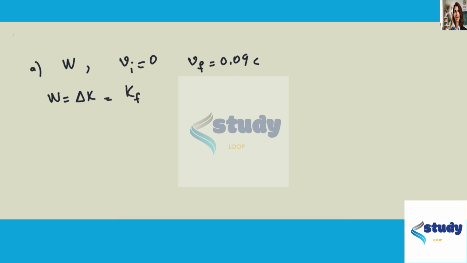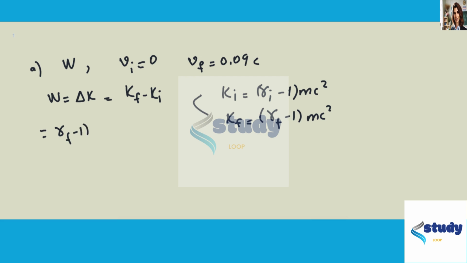So then final kinetic energy minus initial kinetic energy is going to give us some delta K. So let's write what the initial kinetic energy would be. Of course, relativistic, right? So (initial gamma minus 1) m c squared is going to be our initial kinetic energy. Our final kinetic energy is going to be (gamma final minus 1) mc squared, right? So if we plug these two into the work equation, we're going to have (gamma final minus 1) mc squared minus (gamma initial minus 1) mc squared.